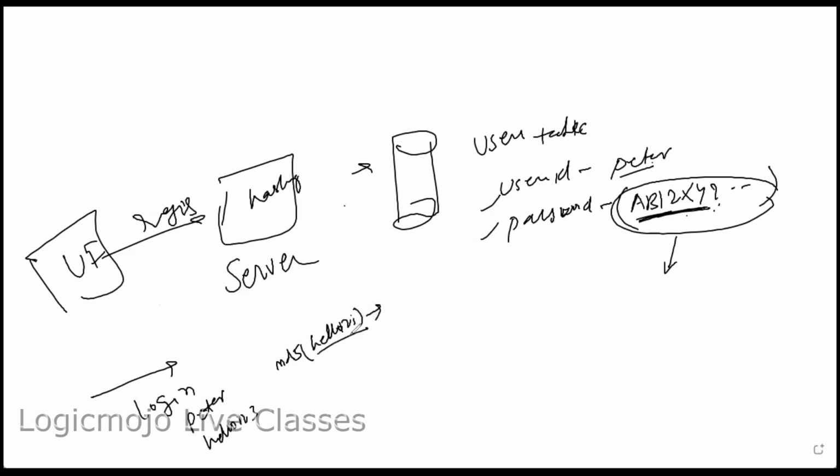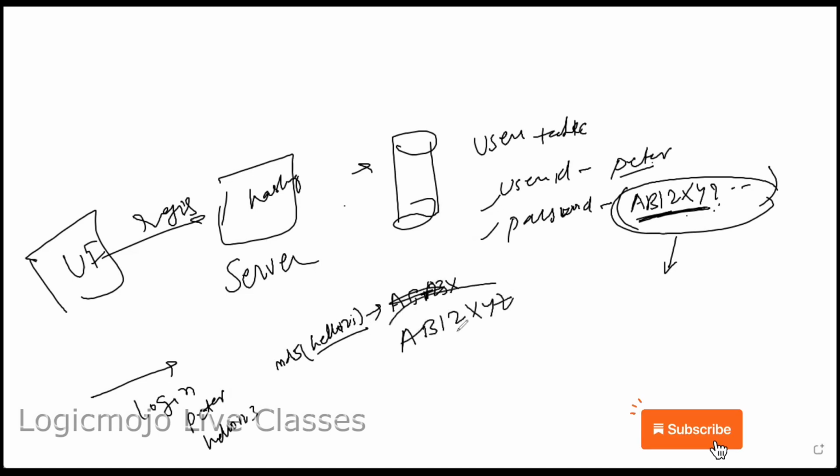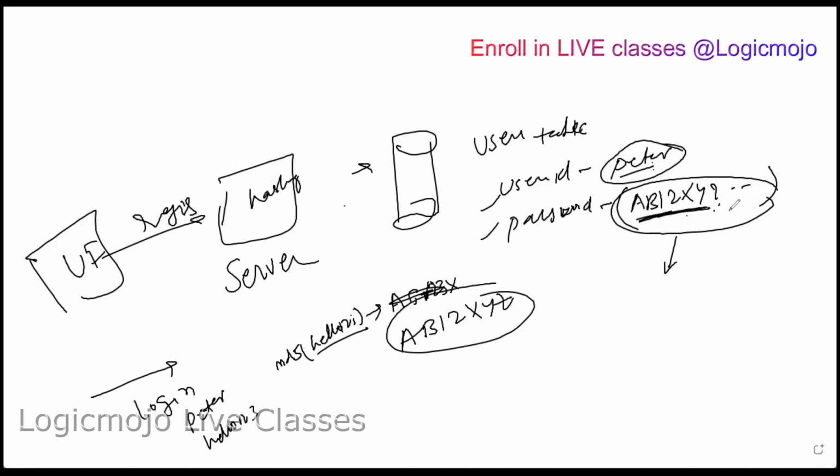For the same string, MD5 and SHA always produce the same value, AB12XYZ. Then it will make a DB query to check whether the user Peter and this password exist in the system or not. If yes, then you are through. If not, you are not through.